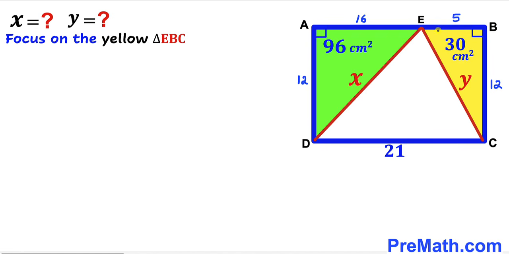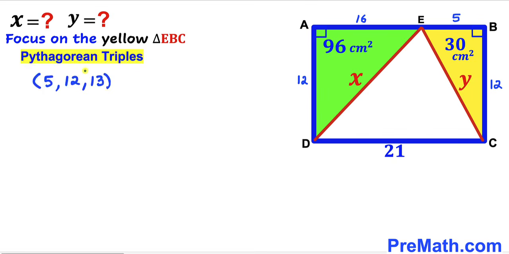Let's focus on this yellow shaded triangle EBC, where we are interested in calculating the y value. Let's recall the Pythagorean triplet 5, 12, 13. We know these two legs are 5 and 12, so our hypotenuse EC is going to be 13 cm.